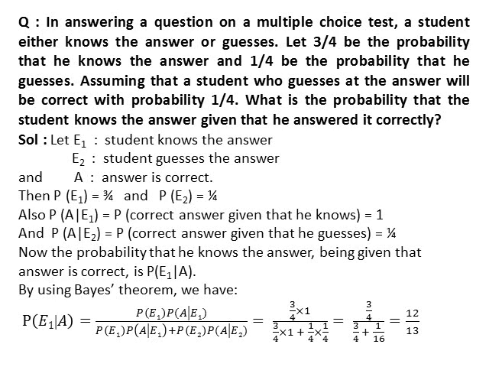In the next step, substitute the values of probabilities and simplify it as shown. After simplification, we get P(E1 given A) equals 12 by 13.